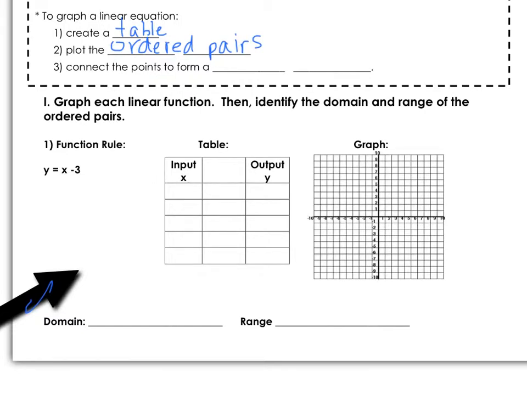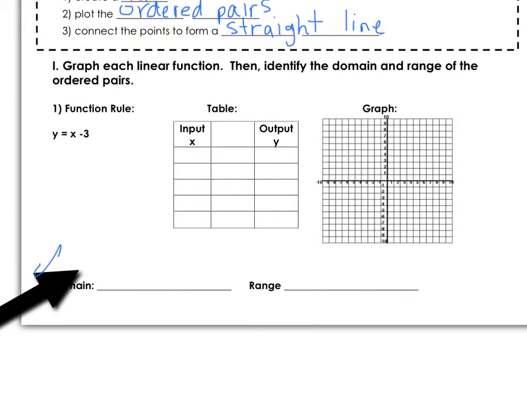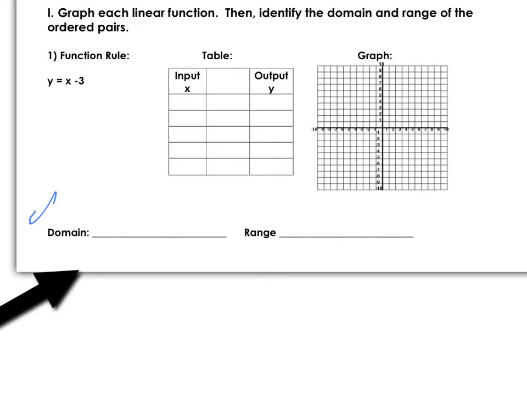The last thing you'll do is you'll connect the points to form a straight line. So let's look at an example of how we're going to do this. It says graph each linear function and then identify the domain and the range of the ordered pairs.